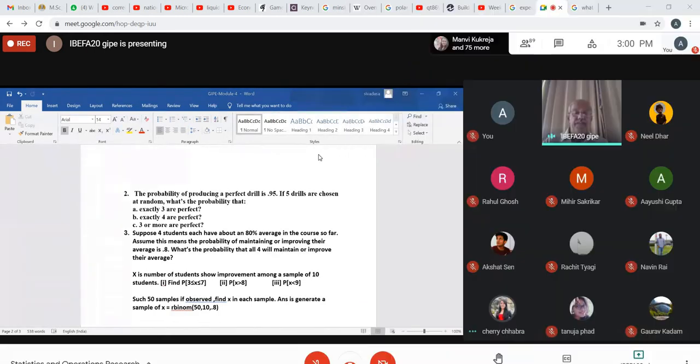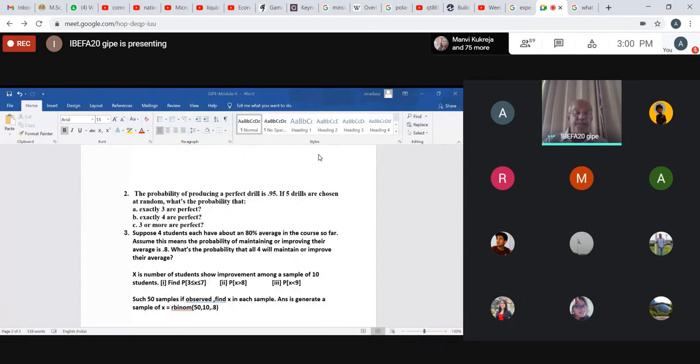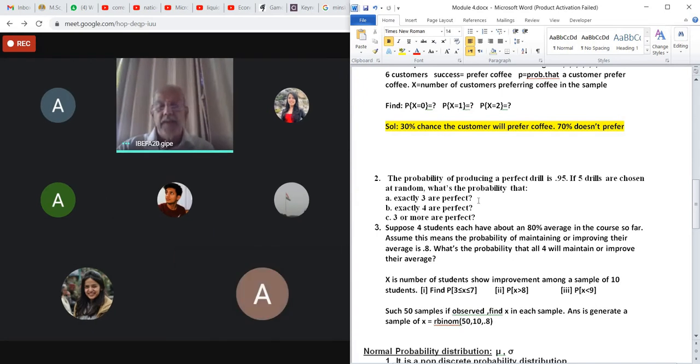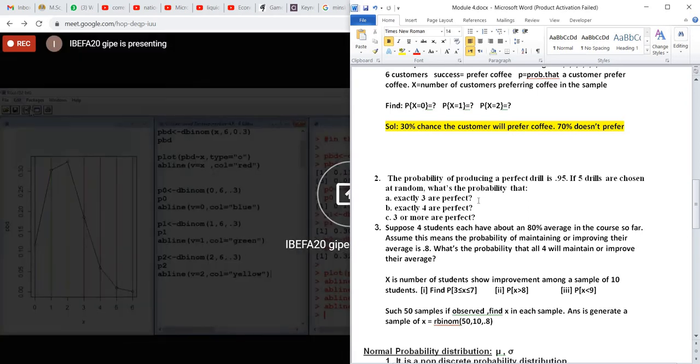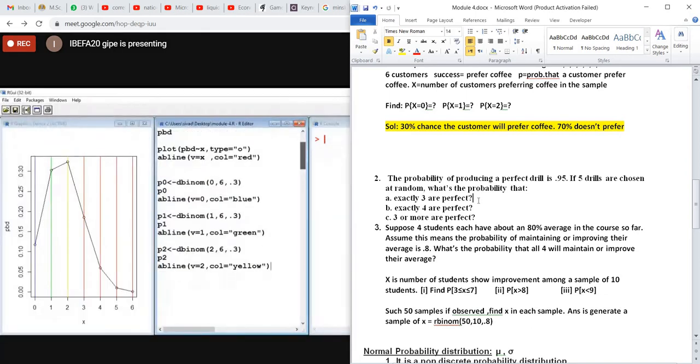Is the formula. Correct, you are correct. This is the formula, and we are computing it by R. Let us see what we get. Question number 2.